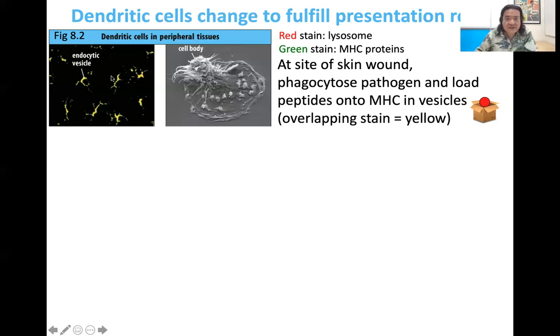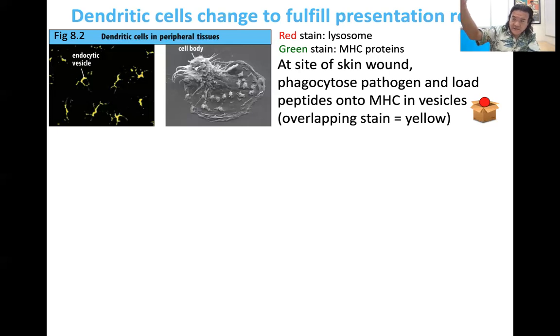So in this figure, under the microscope, we are looking at a number of dendritic cells, and they've used a couple of fluorescent antibodies to stain or indicate the presence of particular features and proteins. The red stain would stain different components of the lysosome, right?